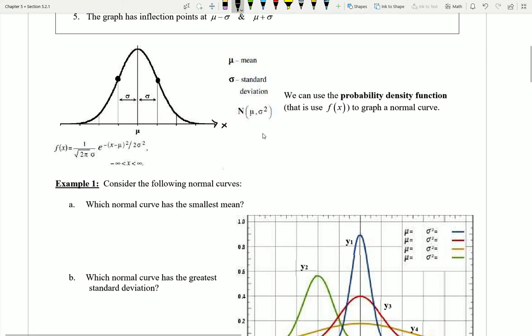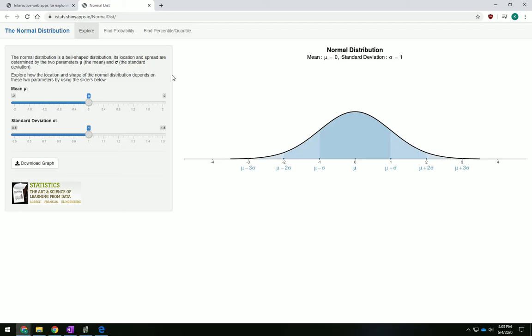Now, the mean and the standard deviation affect the way that this picture looks when we sketch it out. If you take a look over here at this little applet, you can see that I have a normal distribution sketched out. My average right now is set at the value of 0, and up here you can see my standard deviation is 1. Notice over here I can slide around the value of the average.